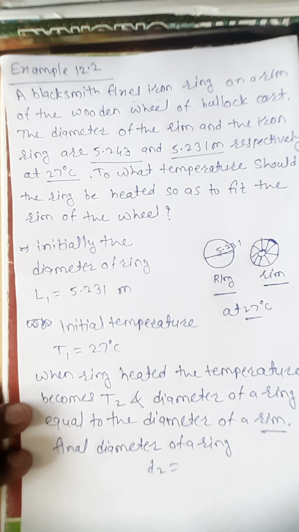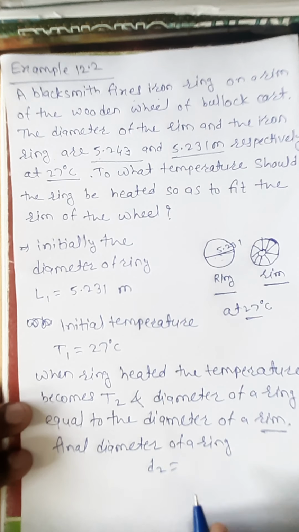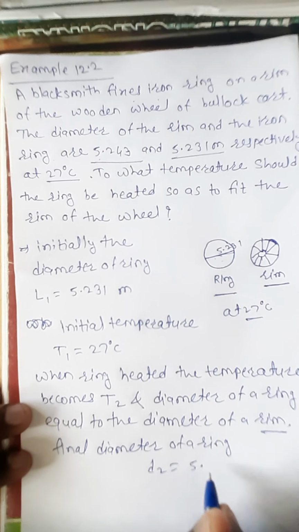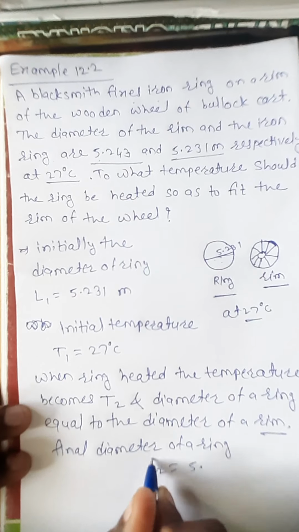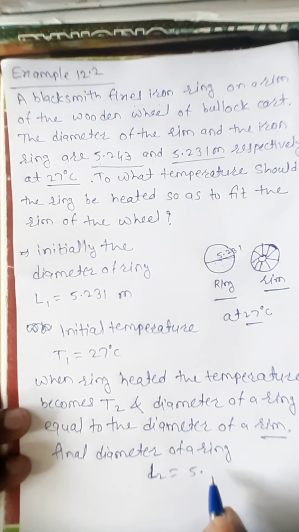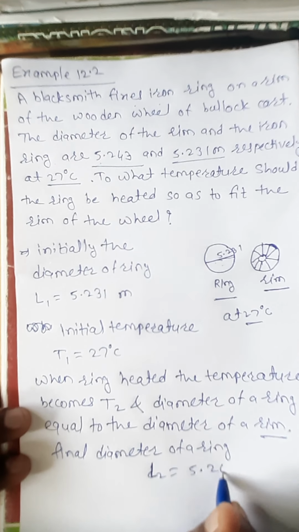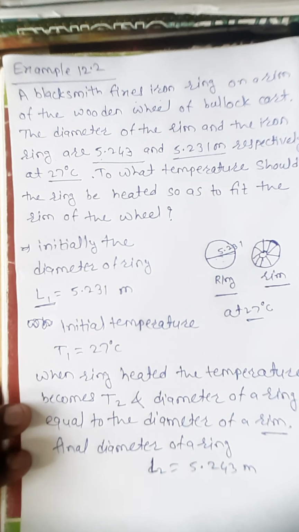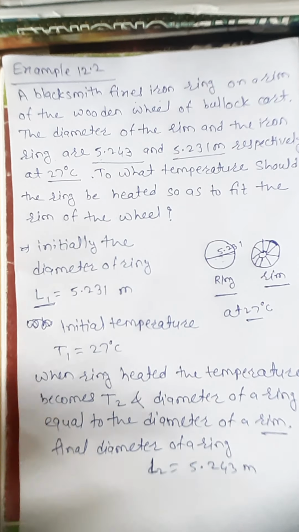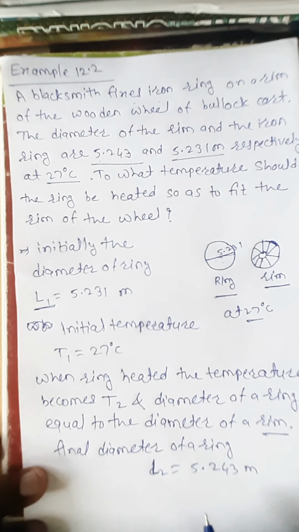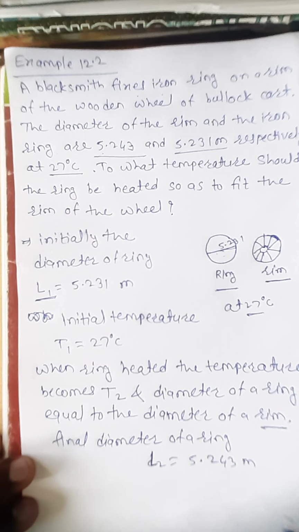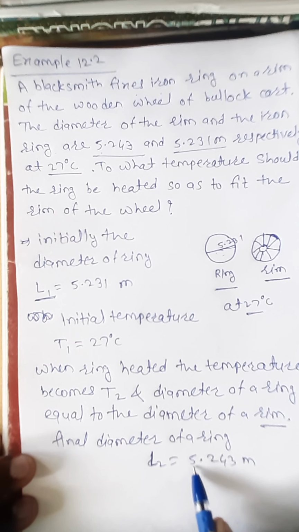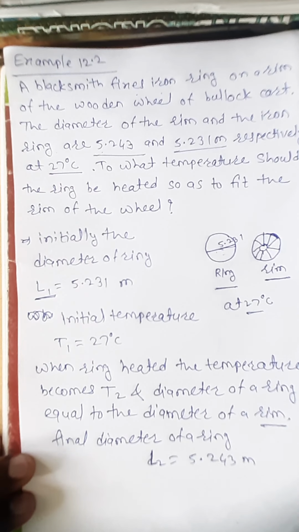The final diameter is L2, which is equal to 5.243 meters. Then the initial diameter is L1, which is equal to 5.231 meters, and the final diameter of that ring is equal to the diameter of the rim, 5.243 meters.